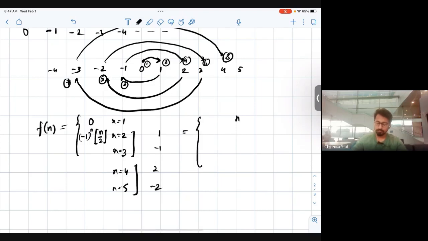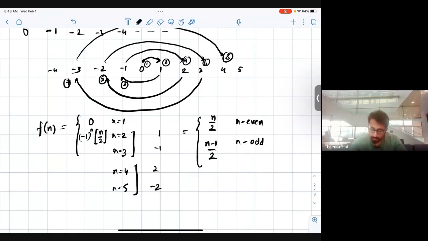So I can say that for n equal to even, let's say n equal to 2, we get minus 1 to the power n, that's even, that is 1, times n by 2. For n equal to odd, we are getting minus (n minus 1) by 2. Does it make sense now? Essentially, this is what I mean.